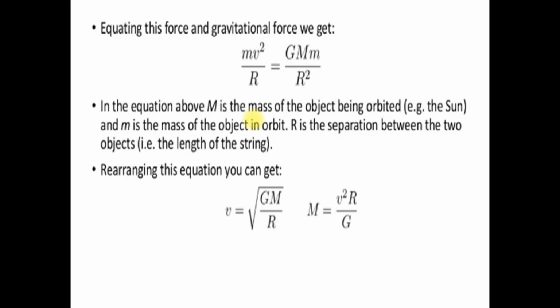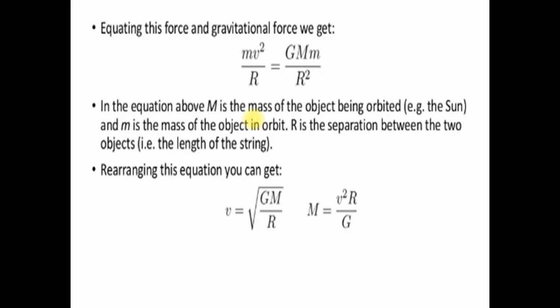In this equation, capital M is the mass of the object being orbited, for example the sun, the central object, and small m is the mass of the object in orbit. At the center, whichever planet or body is there, that larger body's mass is considered at the center, and the smaller mass is considered at the outer surface.